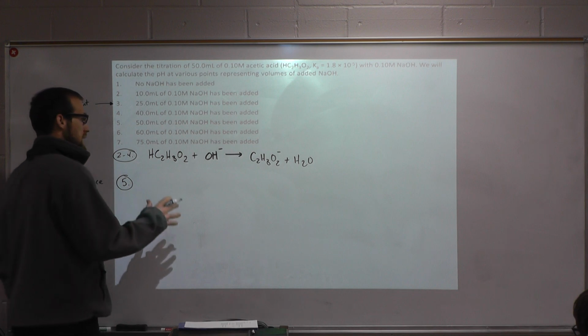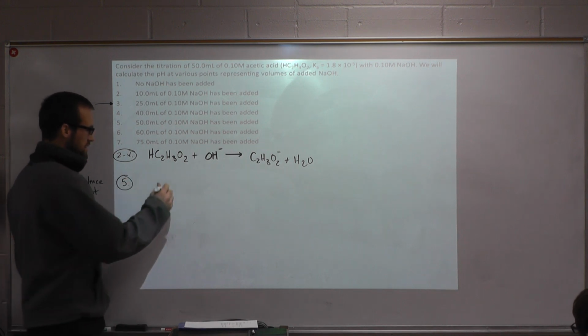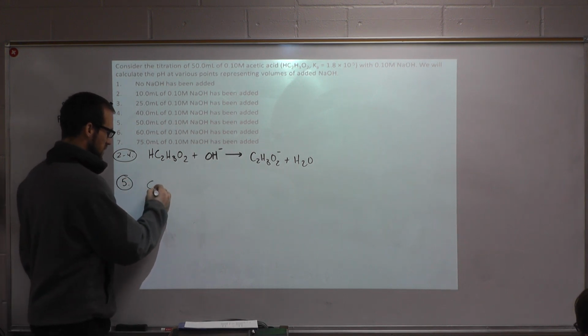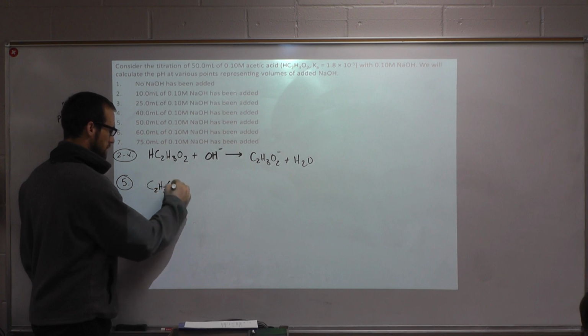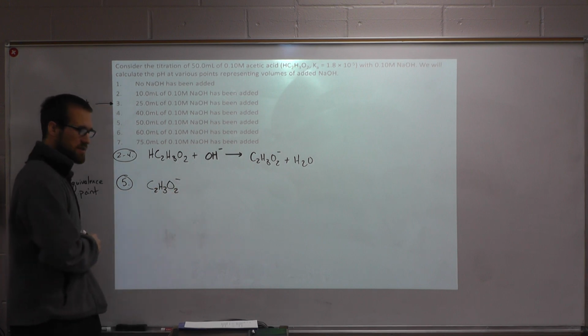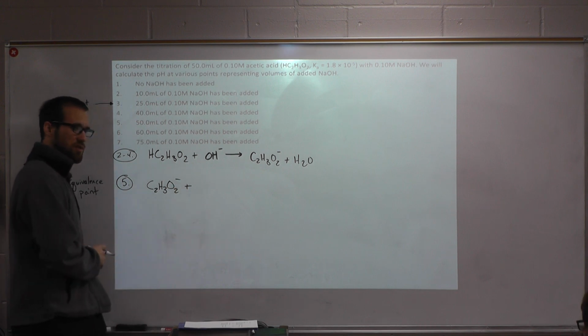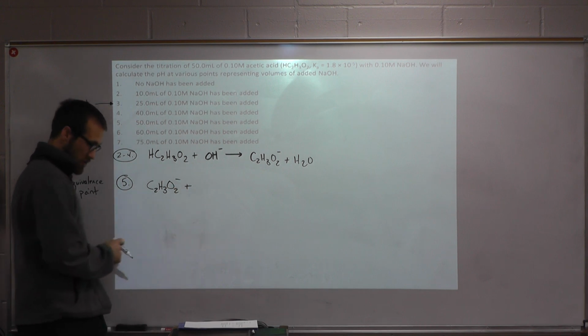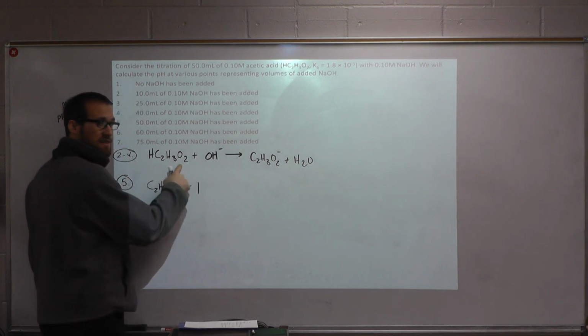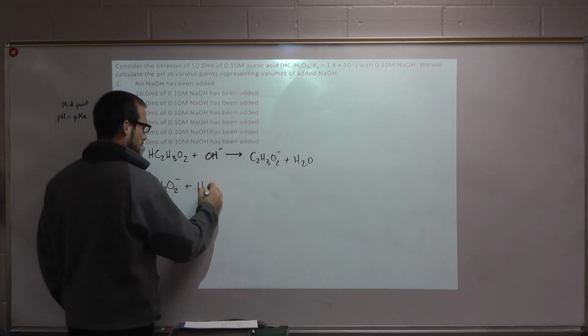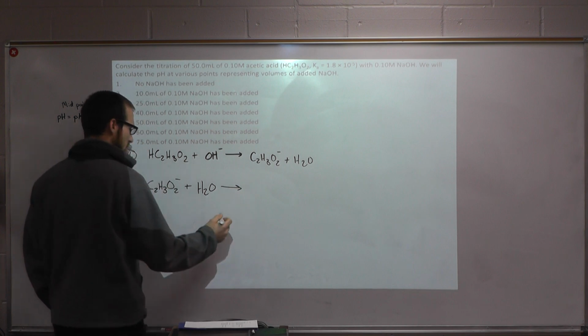So, I have a weak base. So this is what your equation will look like. There's your weak base. What is the acid that it's going to react with? H2O. I don't have any of this anymore, right? Now I will produce some of it.